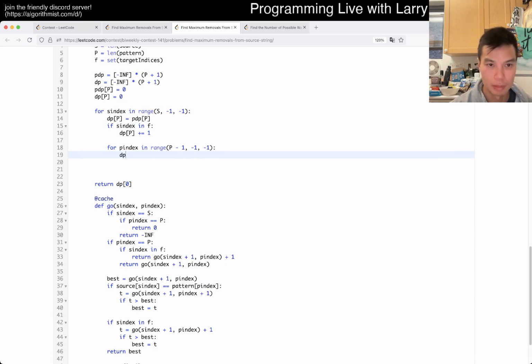And then now you have dp of P index is equal to dp of P index.